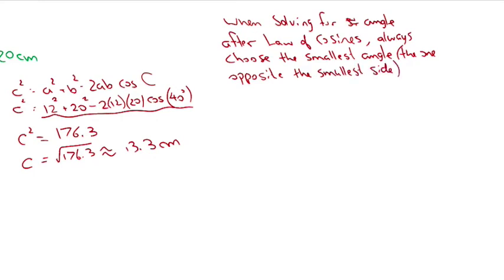That way you don't have to go looking for the two possibilities, acute and obtuse. If you're looking for the smallest angle, it's guaranteed to be acute.